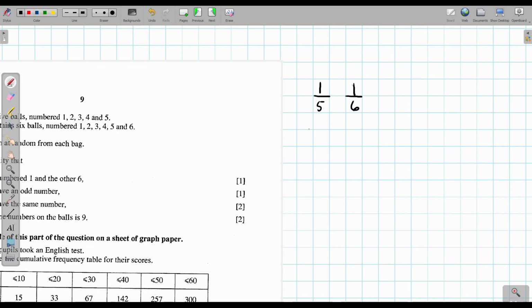But what goes in the middle? So one way I like to remember this is the little thing called op-amp, which basically tells me that if it's or, I plus, if it's and, I multiply, right? Obviously, this doesn't always work because with probability, you have something called mutually exclusive and so on.